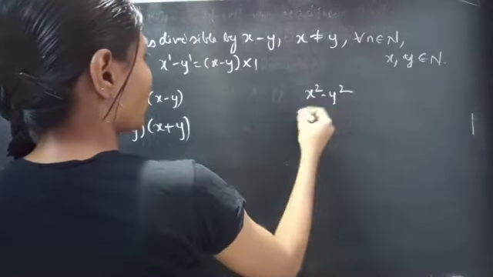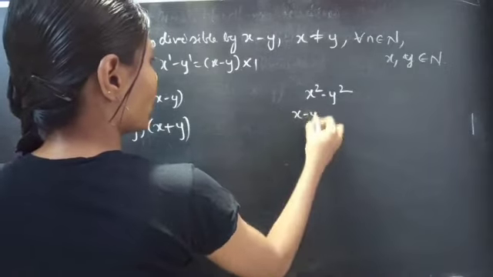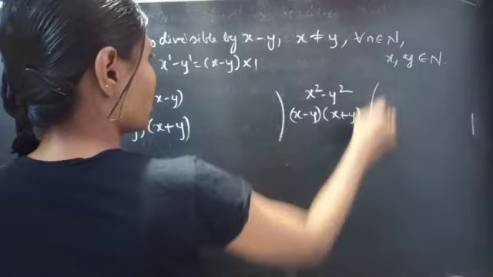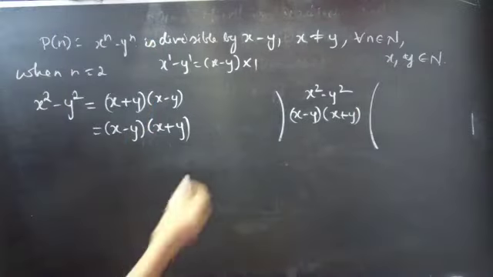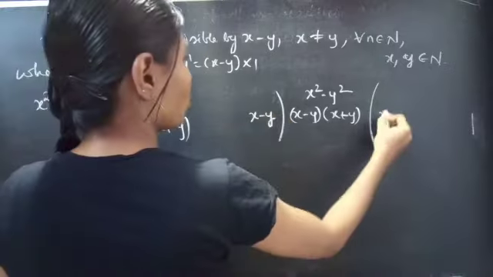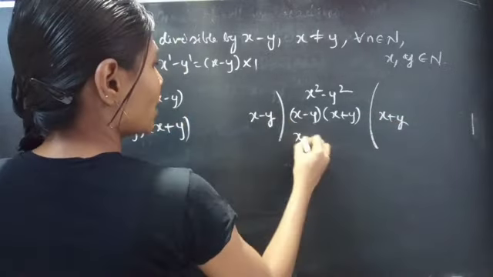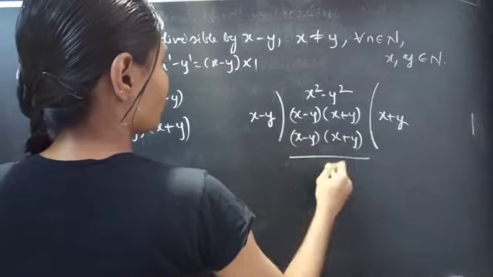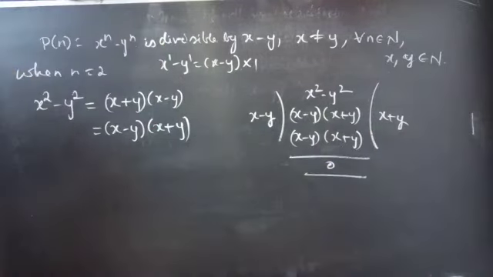x square minus y square, which is equals to x minus y into x plus y. Now we'll see whether x square minus y square is divisible by x minus y or not. So x minus y into x plus y gives x minus y into x plus y with remainder 0, right?